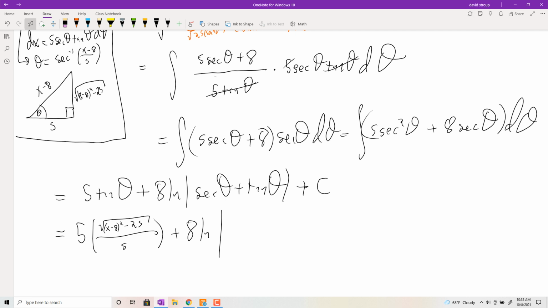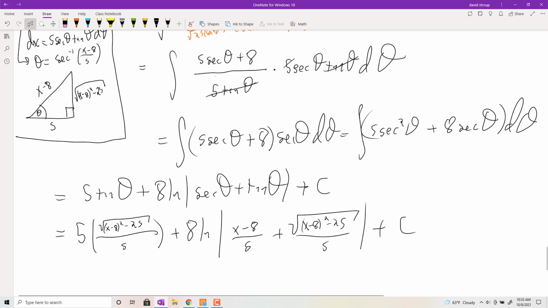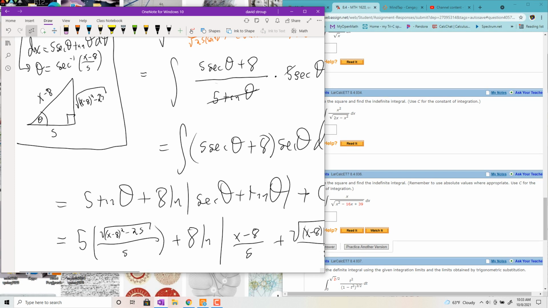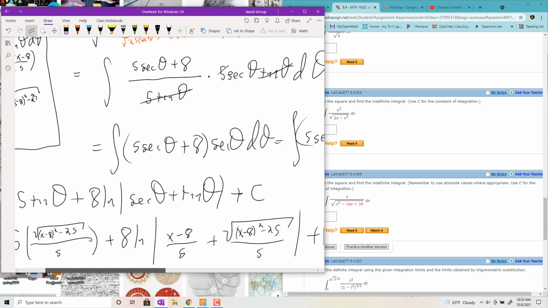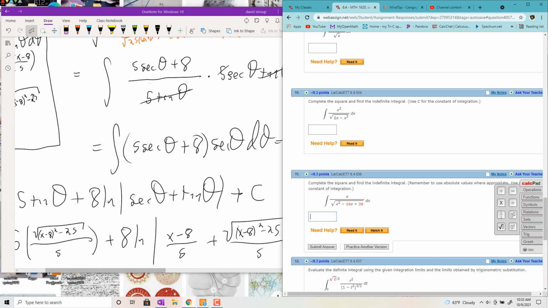So that would be hypotenuse over adjacent, so x minus 8 all over 5, and then plus that thing we just had, the square root of x minus 8 squared minus 25 all over 5 plus integration constant. And I'll simplify it a little bit as I put it into the machine. The 5s would cancel on the first part.